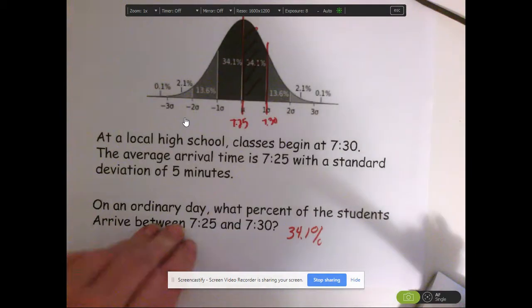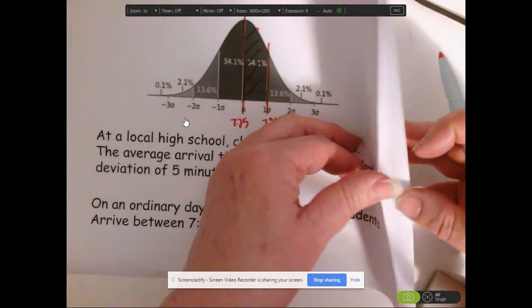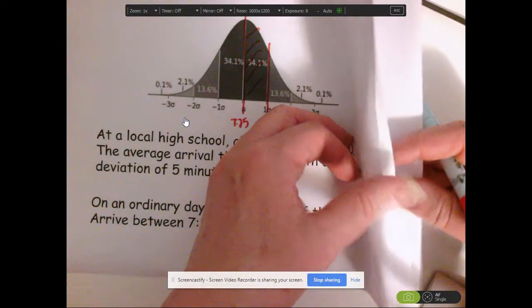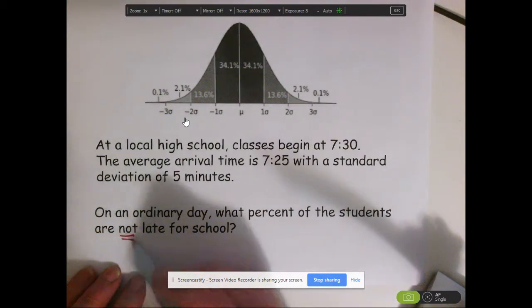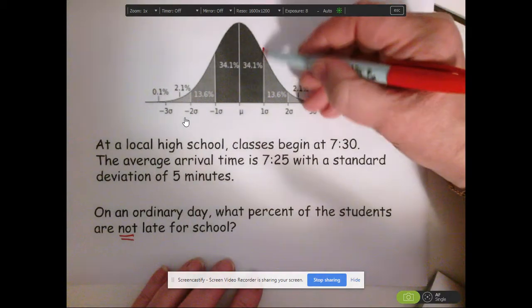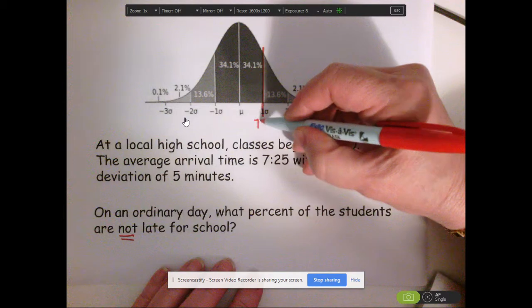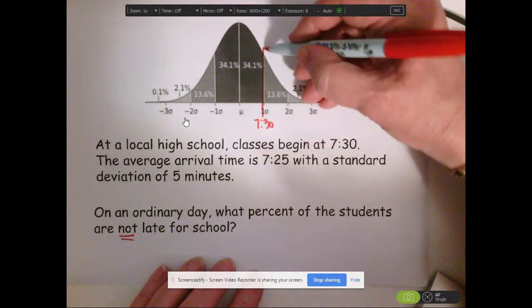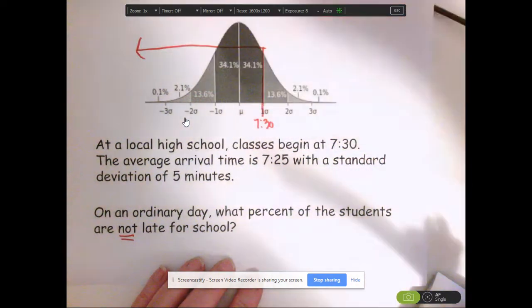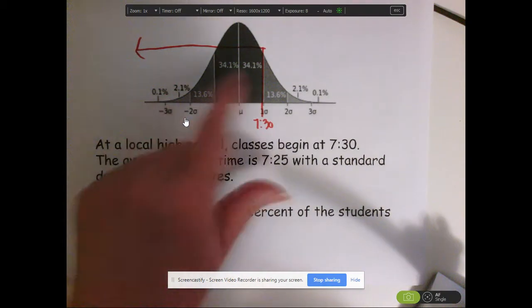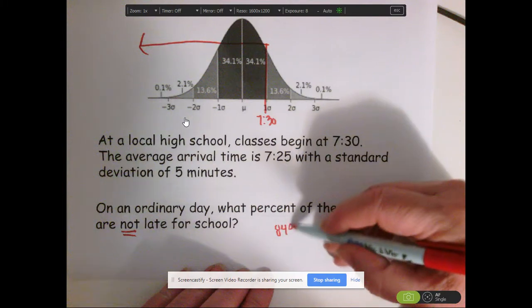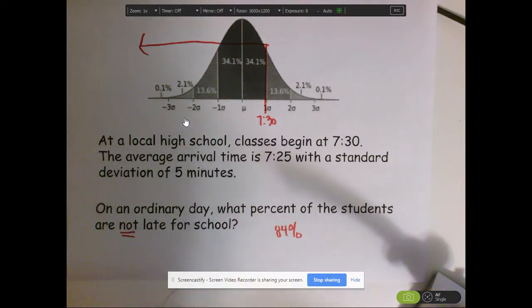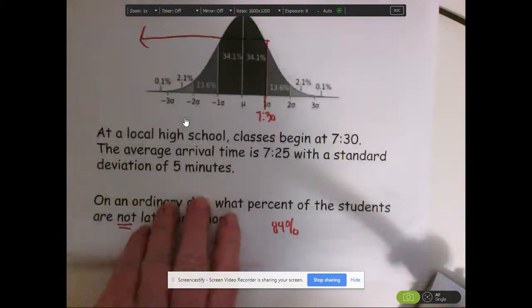And if we ask another question, on an ordinary day, what percent of the students are not late for school? Well, school starts here at 7:30. So all of these students here would be considered not late. You could just add up all of this data and you'll find out that the answer would be 84%. So 84% of the students are not late for school.